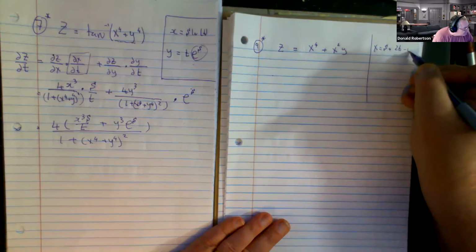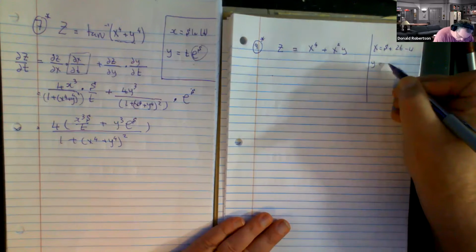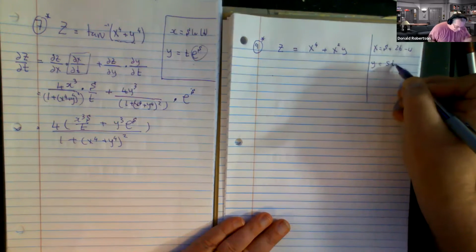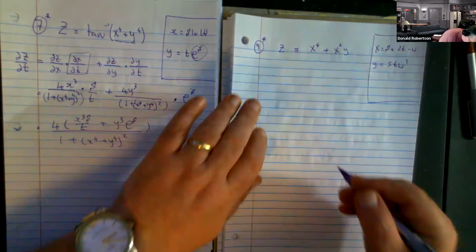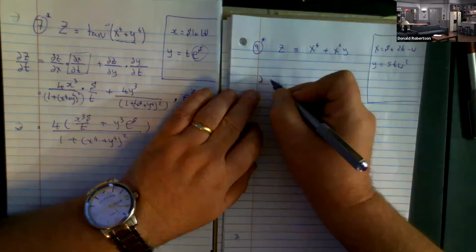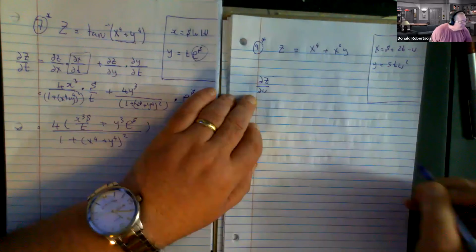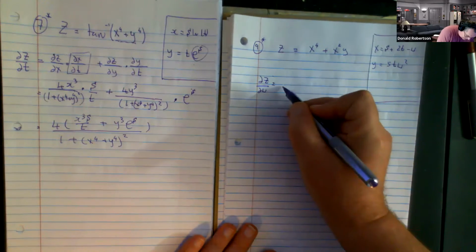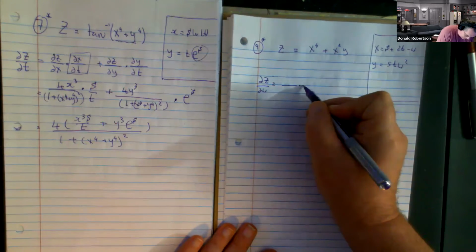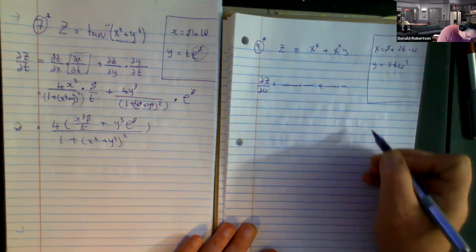And y is a function of s, t, and u as well. They ask you to find all 3, but we'll just pick one of them. So how about dz by du? Let's do that one. No, I'll have to do it down here. I'll need more room.